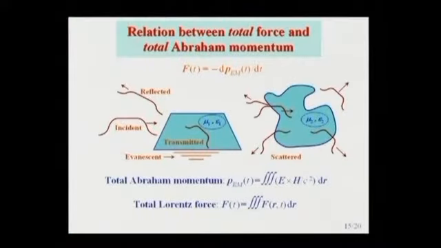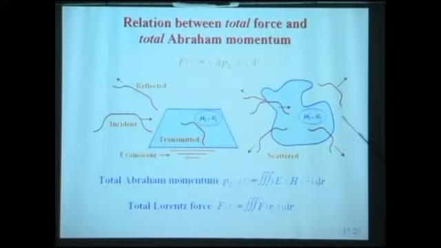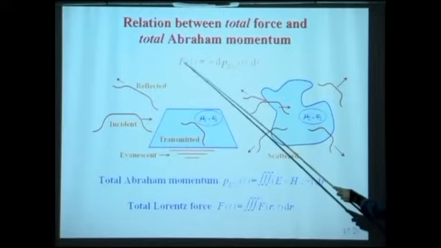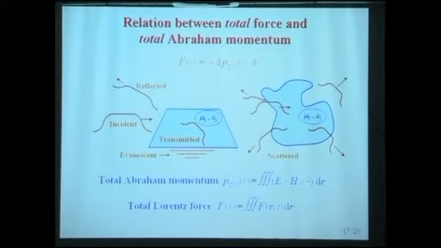I can prove, under the most general circumstances, any distribution of matter, any distribution of field, that the total force is minus dp dt, which means that as a result of interaction between the fields and material media, if you lose electromagnetic momentum, for example, light is absorbed or light is reflected, therefore its momentum is reversed, that change in the momentum of the electromagnetic field appears as a force on the material media.